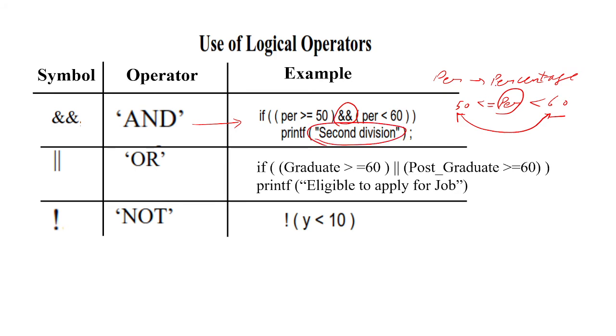Means if percentage lies between 50 to less than 60, then the percentage is second division.